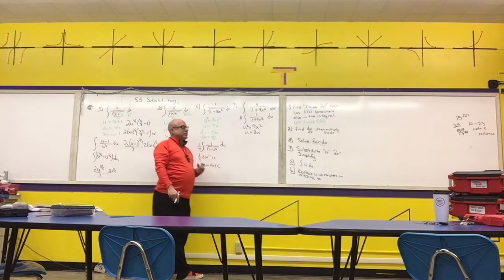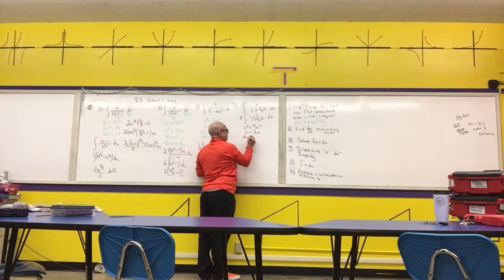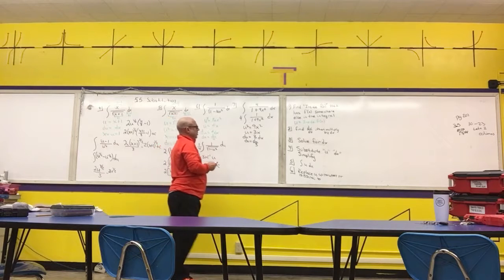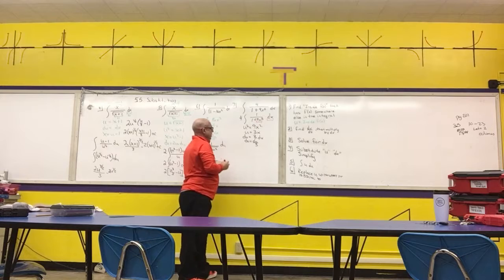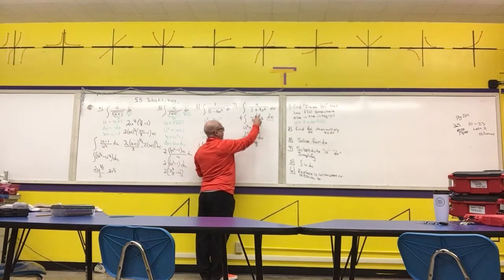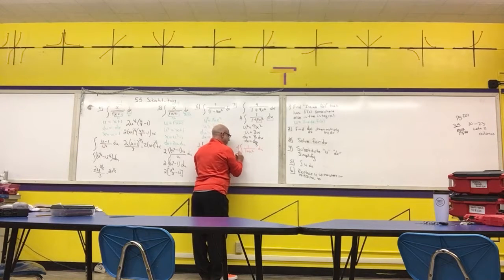And now I'm going to be able to make my substitution. The derivative of u is 3 dx. So dx equals du over 3. I can now make my substitution. I can substitute for 9x squared and for dx. So I end up with 4 times the integral of 1 over 1 plus u squared du over 3.